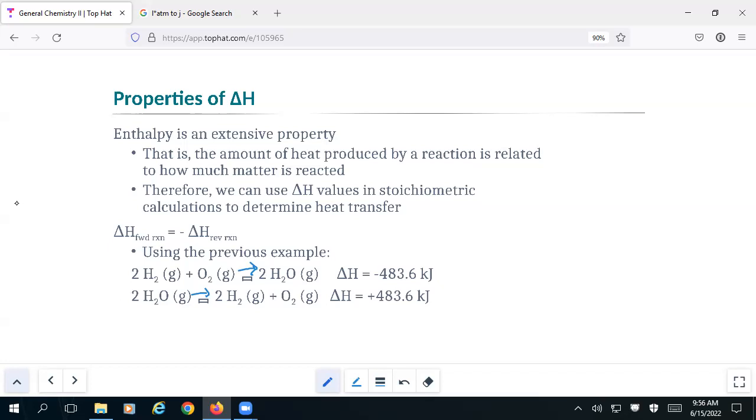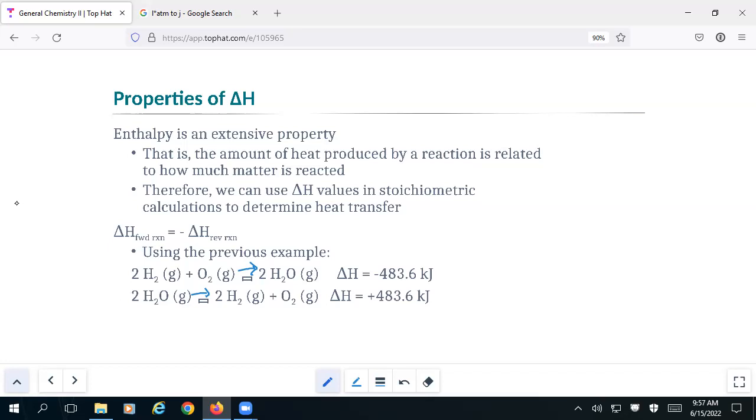So, for example, if I have the combustion of hydrogen with oxygen to make water vapor, that reaction is going to release 483.6 kilojoules of energy.